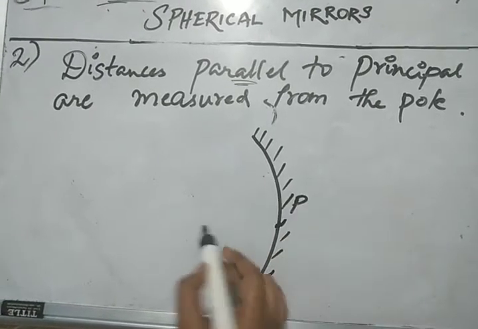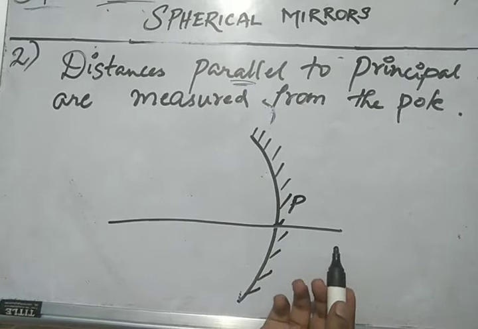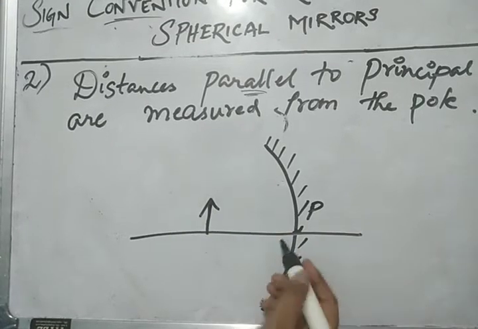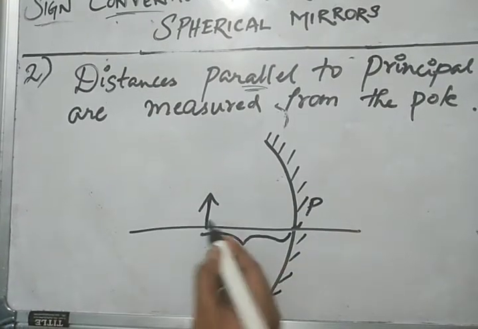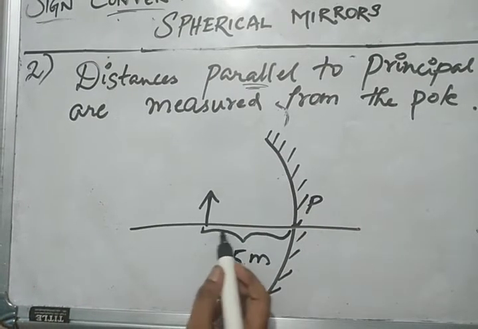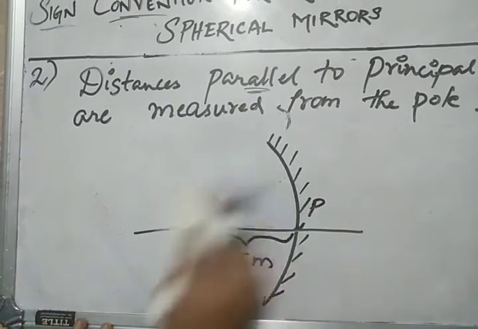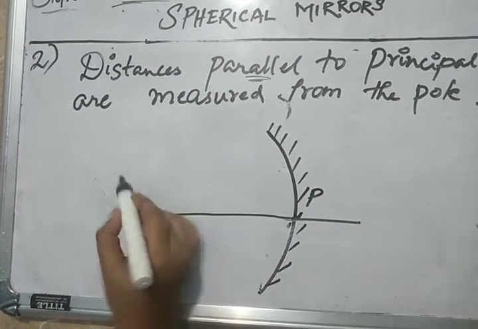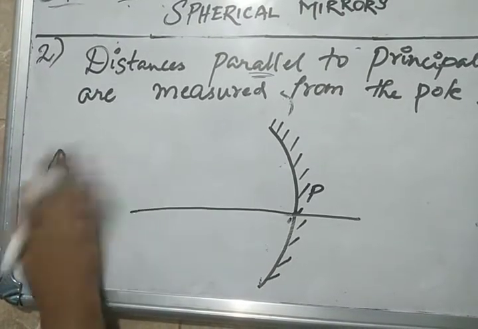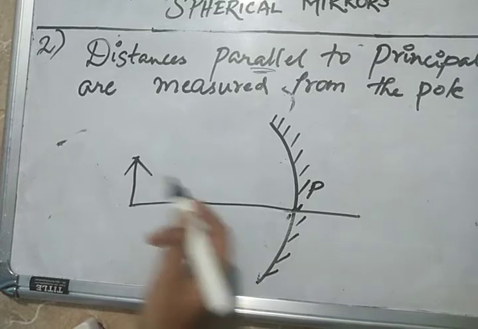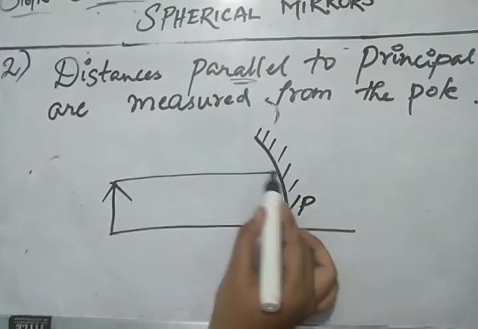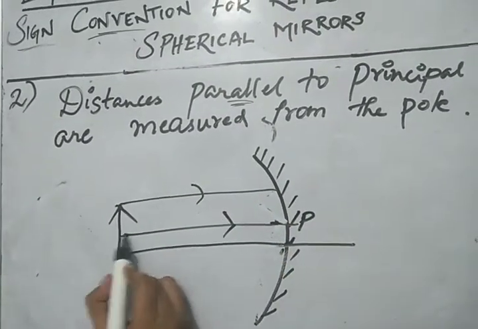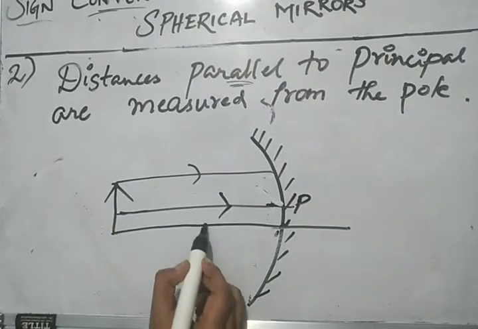I take a concave mirror. This is the pole of the mirror, principal axis. Now I take this to be my object, and I measure it from the pole of the mirror. Say this is 5 centimeter. Or I take some rays incident on the concave mirror, parallel to the principal axis.